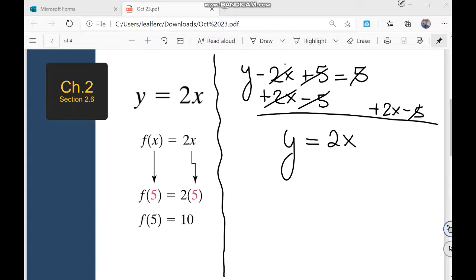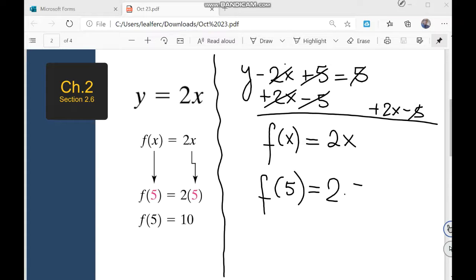We can substitute this y by the function notation, f of x. f of x equals 2 times x. And now we can check, for the input, what's going to be the output? If the input is 5, if x equals 5, the output is going to be 2 times 5.